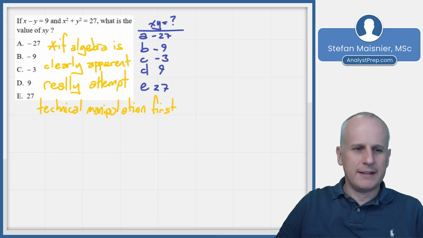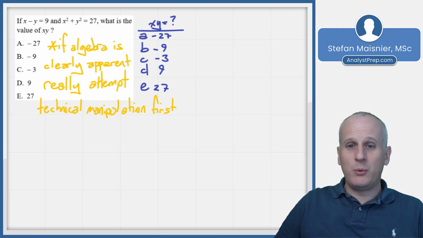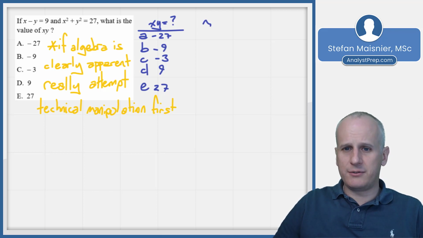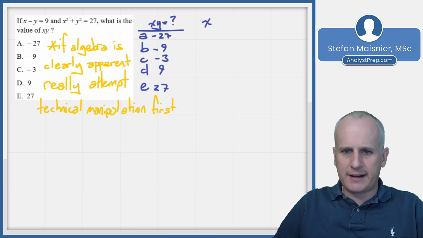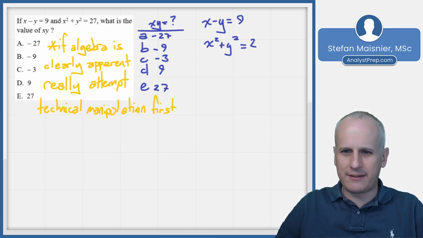So we see we've got a couple of values. We've got x minus y is equal to 9. And we're told that x squared plus y squared is equal to 27.